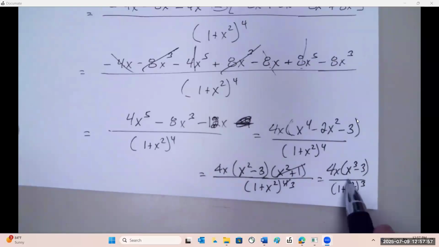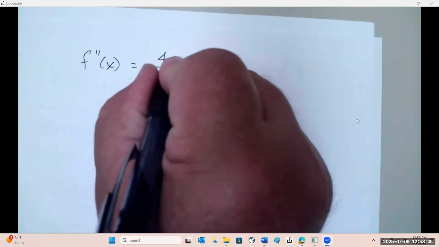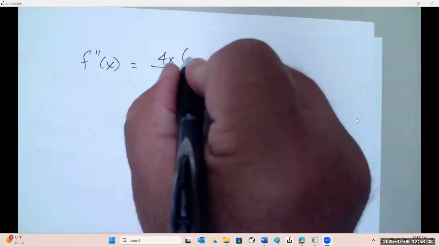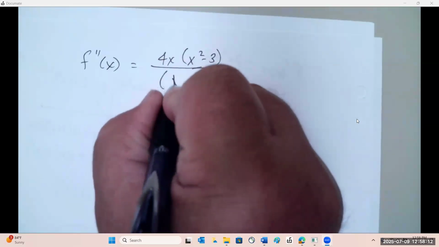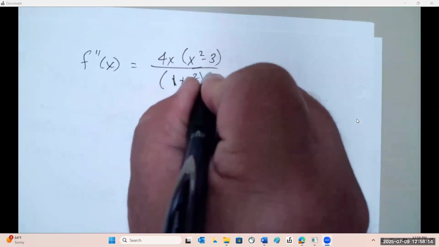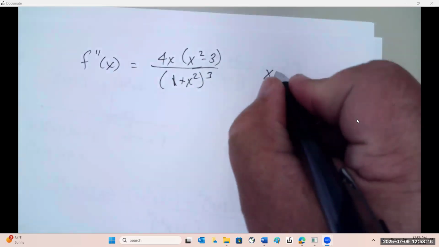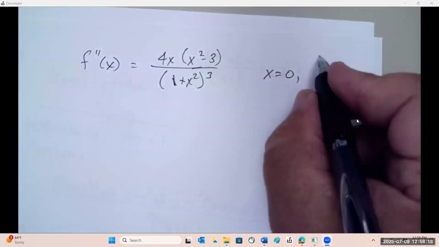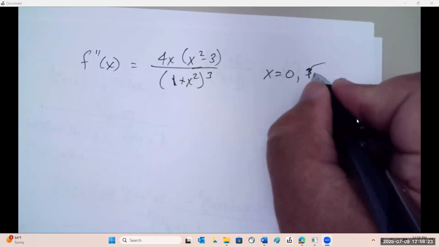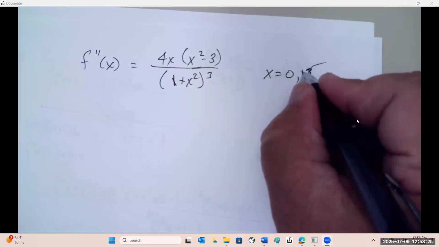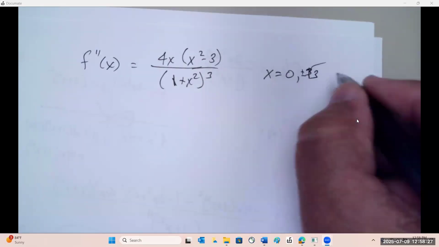The points of inflection occur where the second derivative, 4x times (x squared minus 3) over (1 plus x squared) cubed, equals zero. So x is equal to 0 and plus or minus the square root of 3.